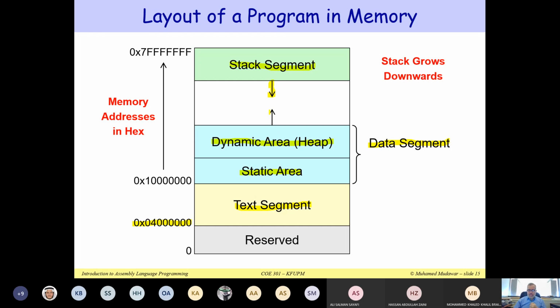The heap is going to grow upwards, whereas the stack is going to grow downwards. Now, the stack segment is very important for implementing functions, for saving registers, for allocating data for functions. So we allocate them in the stack segment.